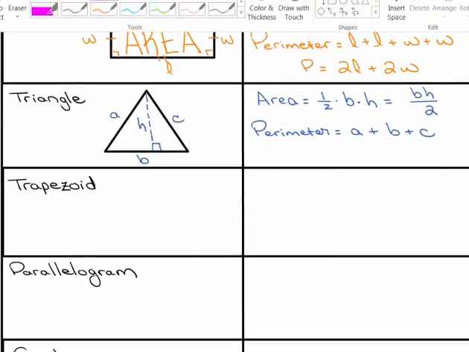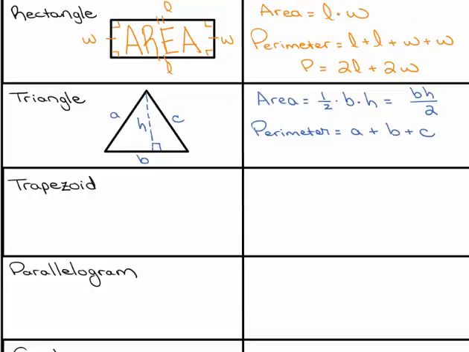Trapezoid. Do I have a trapezoid here in my list of shapes? It does not look like I have a trapezoid. I guess I will have to just draw one. How's that?